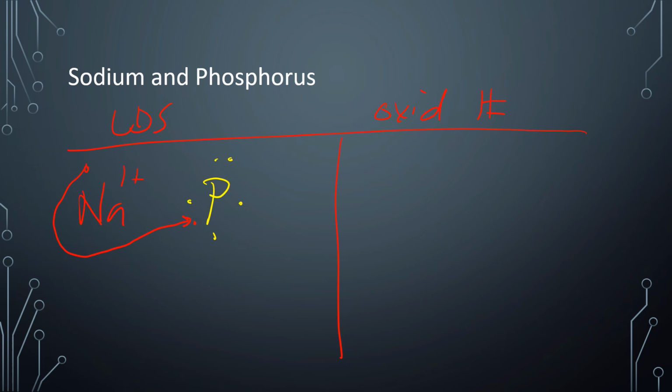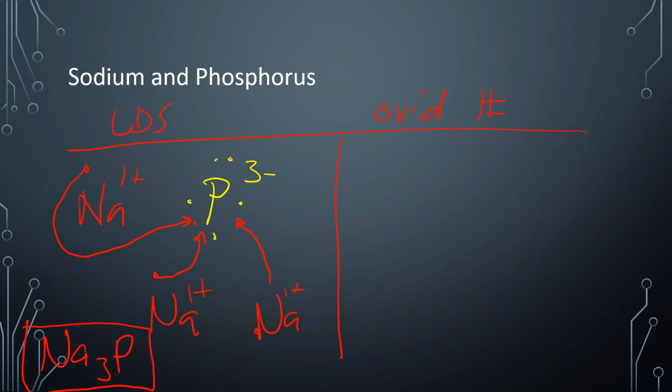But I'm going to recruit more sodiums so I can steal those electrons until my phosphorus has a full valence shell. My phosphorus gained 3 electrons, so its oxidation number is 3 minus. For my final formula, I have 3 Na's and then 1 P. The name for this one should be sodium phosphide.